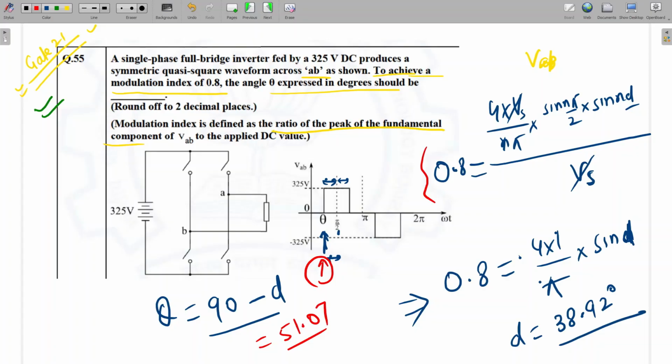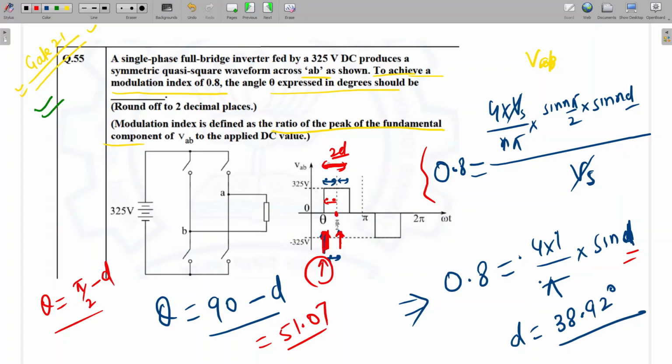Sir, can you explain this formula? Theta equals 90 minus D. See, we have already calculated D. Our pulse width is 2D. The midpoint is 90 degree, and this instant value is theta. So theta will be 90 degree before pi, so theta will be pi by 2 minus D. This midpoint is pi.